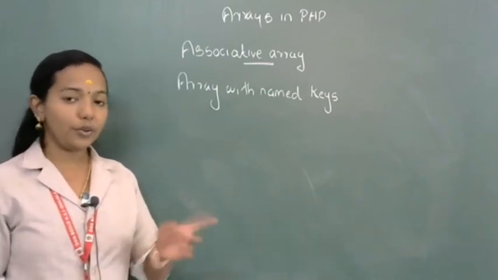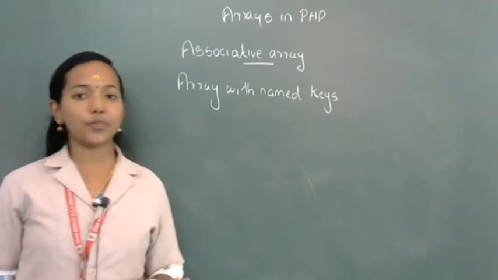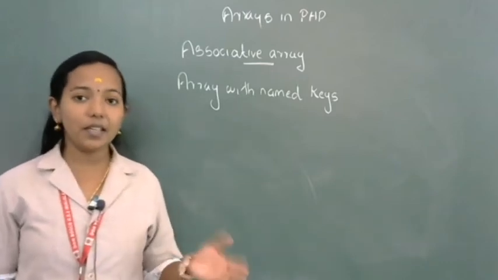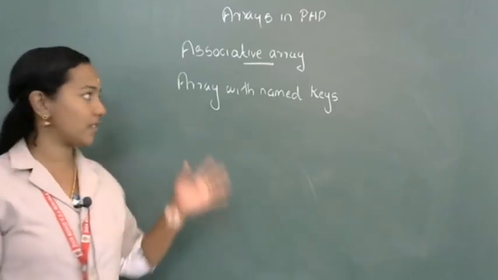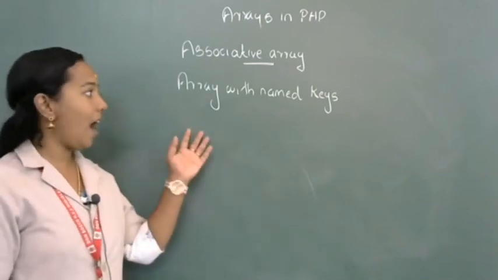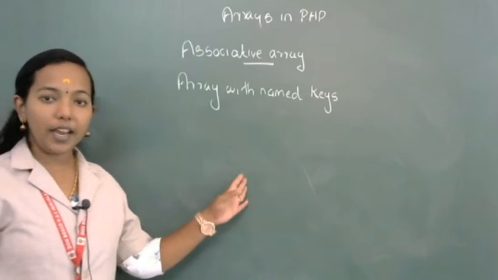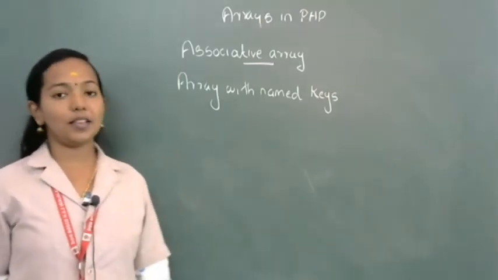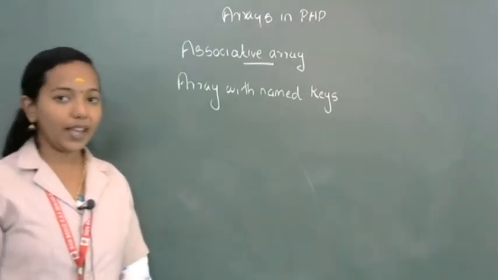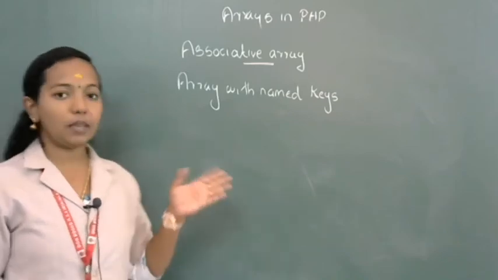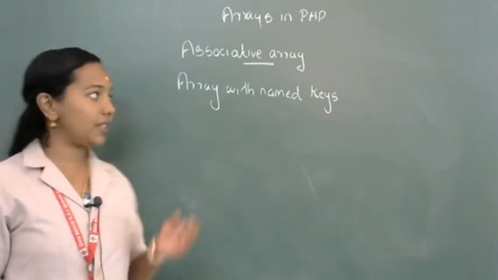Clear? So you know the difference between indexed array and associative array. Indexed array means arrays with numeric indexes, but associative array means array with named keys. I think it is clear what is meant by indexed array and associative array.